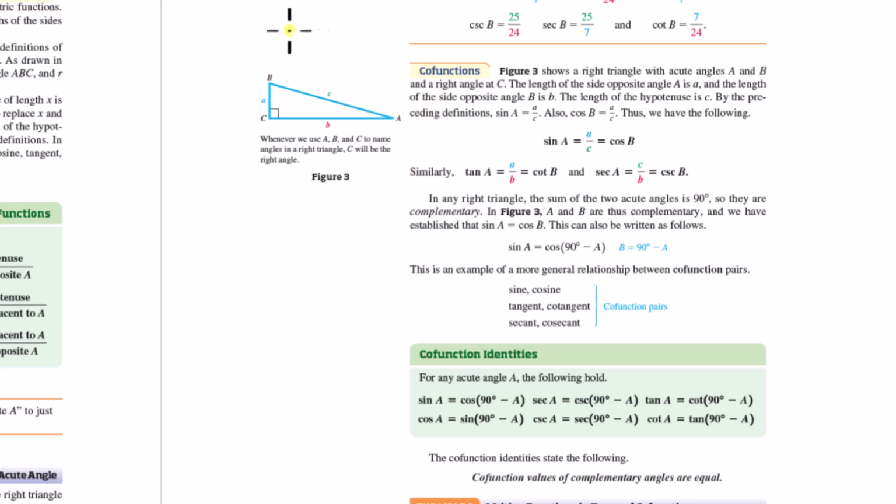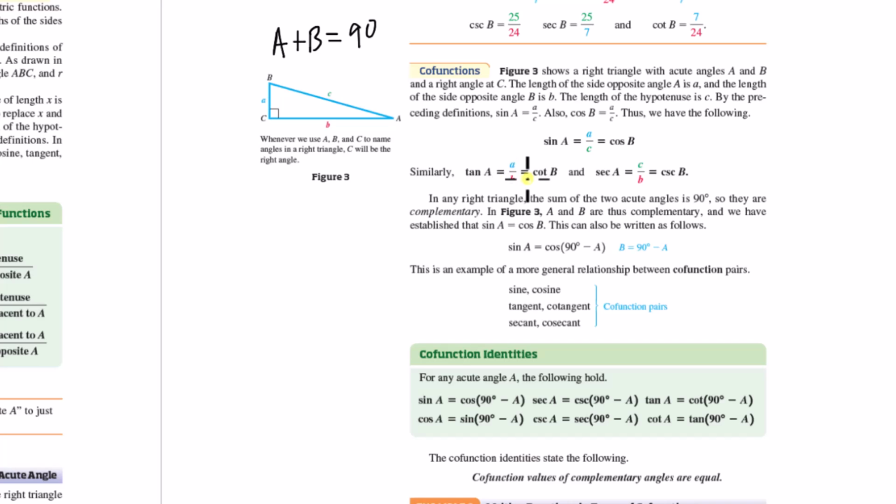So that means you could say, if A plus B are complementary, then A plus B is 90. So you could say A is 90 minus B, or B is 90 minus A, right? So with that, you could take any of these three formulas and have it represented in terms of one angle, either angle A or angle B, because you could just convert B to be in terms of A or A to be in terms of B, and now you've got this trig identity, right?